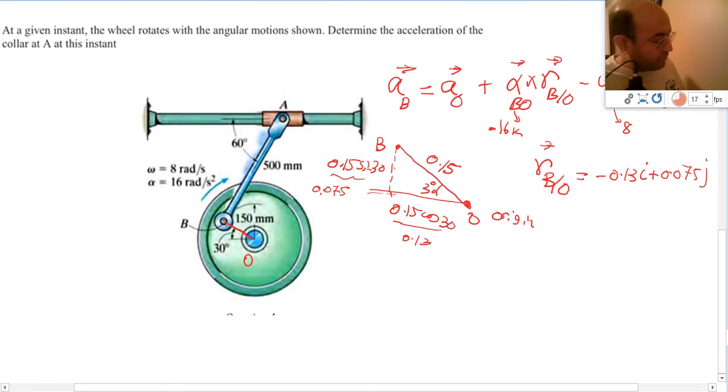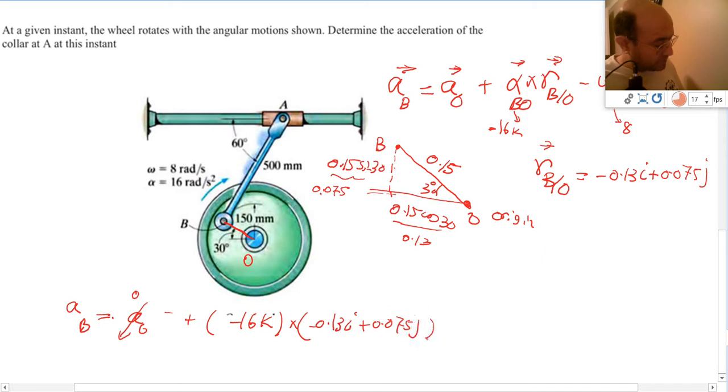So I'm going to say acceleration of B is equal to acceleration of O, which is 0. Next one plus, that's minus 16k cross RB with respect to O, minus 0.13 I plus 0.075 J.